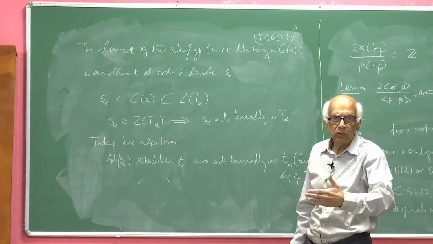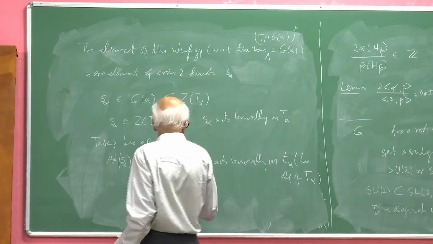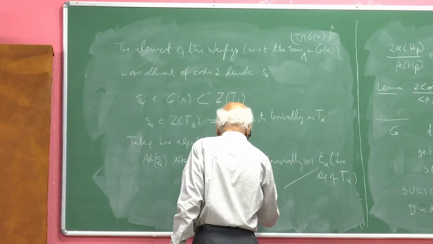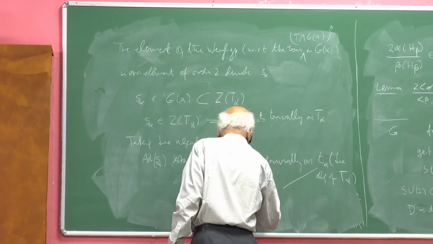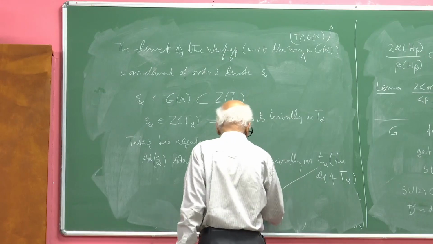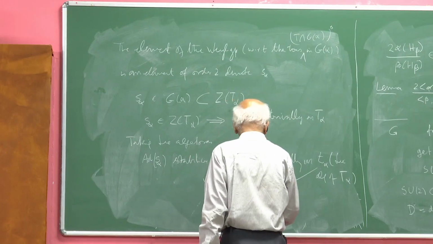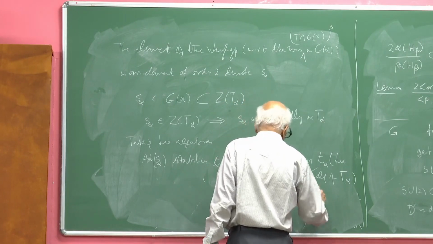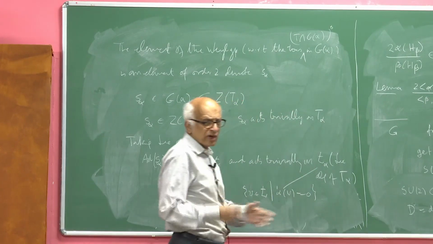With alpha equals 0. So what happens is this. This is T alpha. This is nothing but V in T, alpha dot V. I will use both alpha dot and alpha interchangeably.